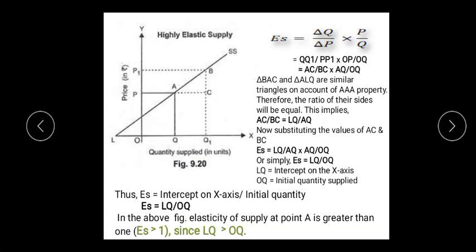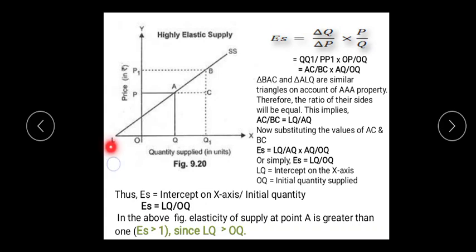LQ is intercept on the x-axis and OQ is the quantity supplied, or the initial quantity supplied at price of P. So elasticity of supply at any point on supply curve is calculated by the ratio of intercept on the x-axis and initial quantity supplied. In case of the figure given here, we can get the value of elasticity of supply from dividing LQ by OQ.